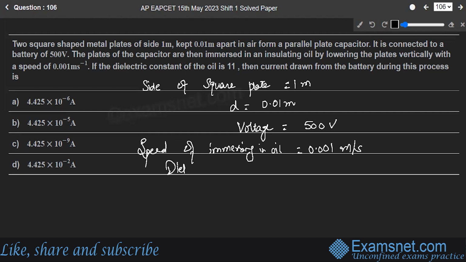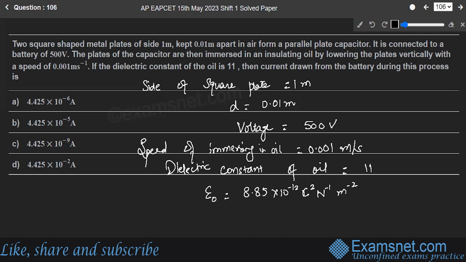Dielectric constant of oil is equal to 11, and in this question I'll be taking E naught as 8.85 into 10 raised to power minus 12 coulomb square per Newton per meter square.